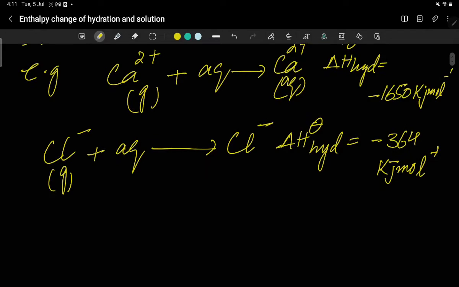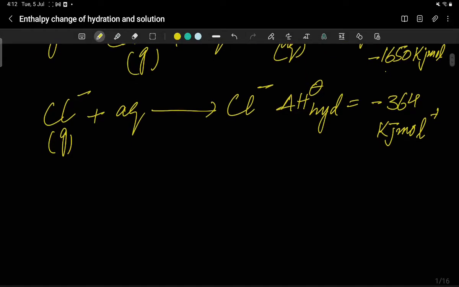So these equations indicate that this is more exothermic and this is less exothermic. Why? The dissolving of calcium ions in water is more exothermic than chloride ion, less exothermic.